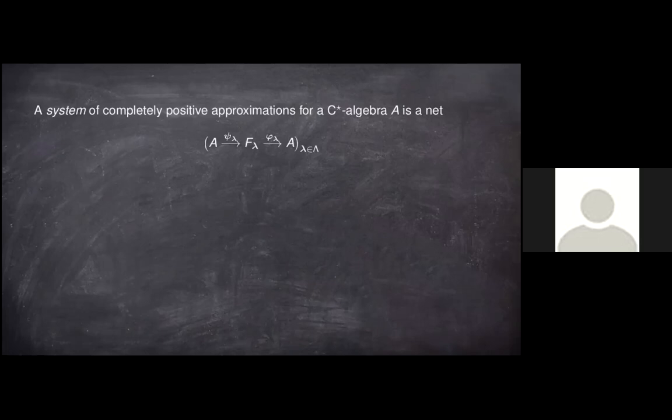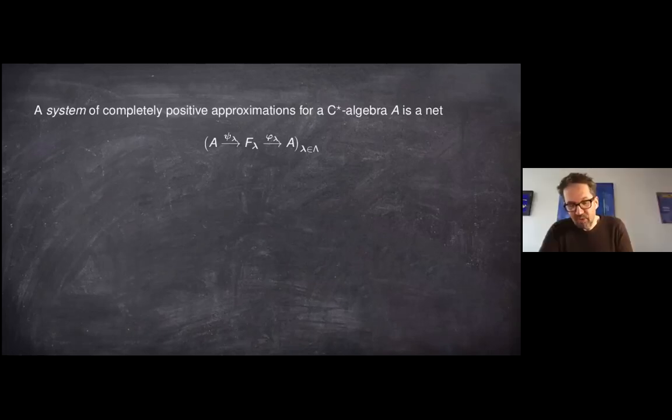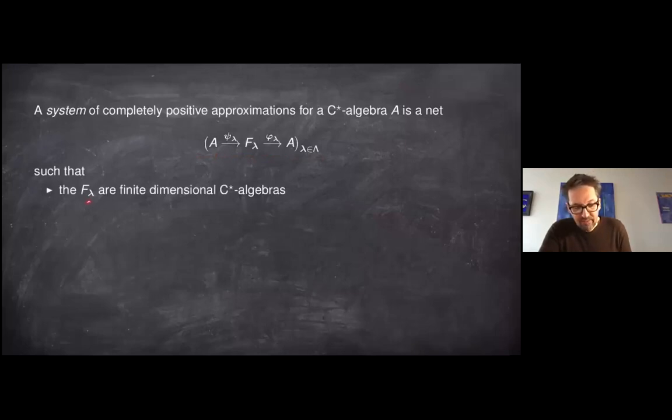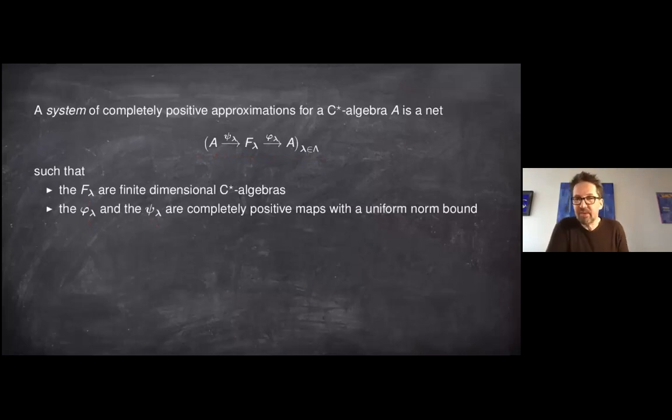Okay, so by a system of completely positive approximations for a C-star algebra A, I mean a net of diagrams, where we have maps from A to F lambda and then back to A, such that the F lambda are all finite dimensional C-star algebras, and the phi lambda and the psi lambda are completely positive maps, and we want them to have a uniform norm bound.